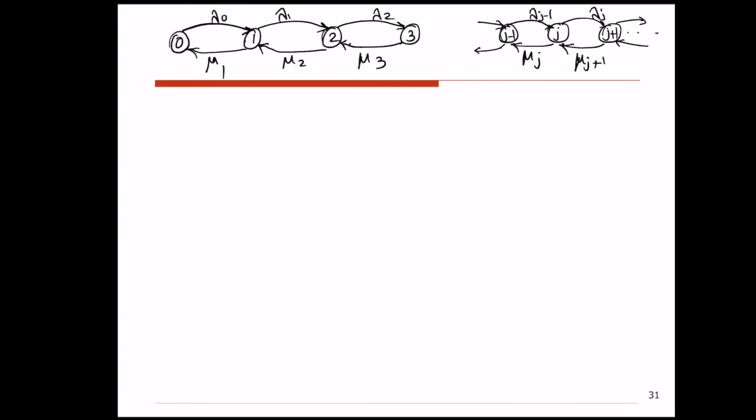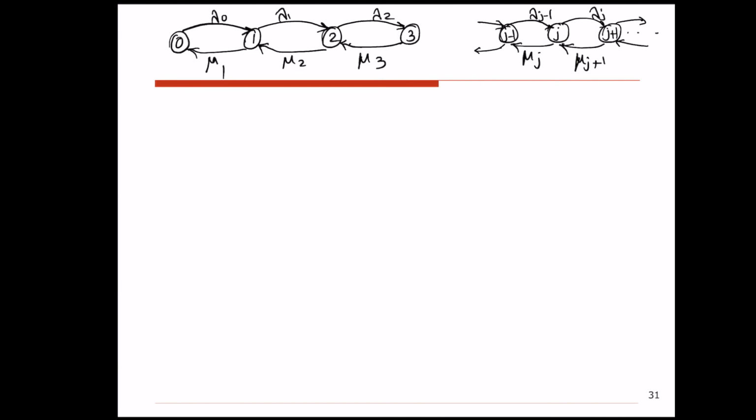So let's look at the general queuing system. We are going to extract the steady-state probabilities for a general queuing system, then we can customize the formula for any specific queuing system that we are going to look at. So for a general queuing system, this is the rate diagram that we developed initially, right? Then the possible values for the state of the system are 0 entities in the system, 1, 2, 3, all the way to infinity.